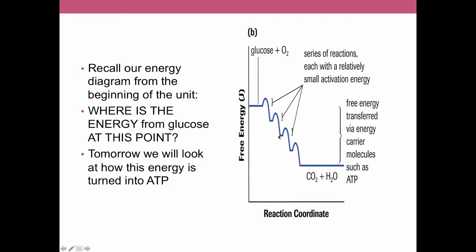Then you go through pyruvate oxidation. After pyruvate oxidation, the bulk of the energy is still found in those two acetyl groups stuck to the acetyl-CoA. Some of the energy is found in the NADH that's produced in that phase as well.